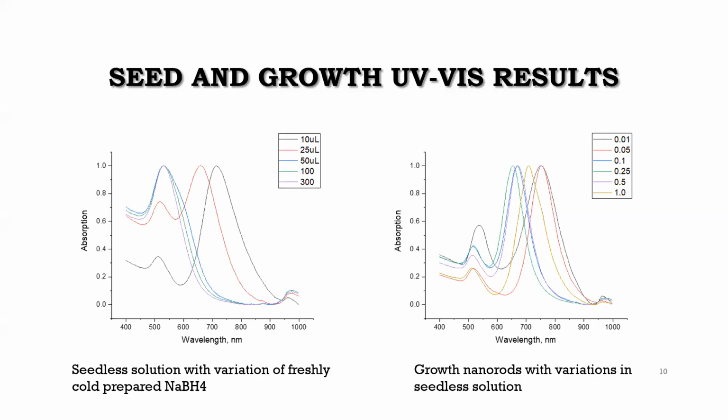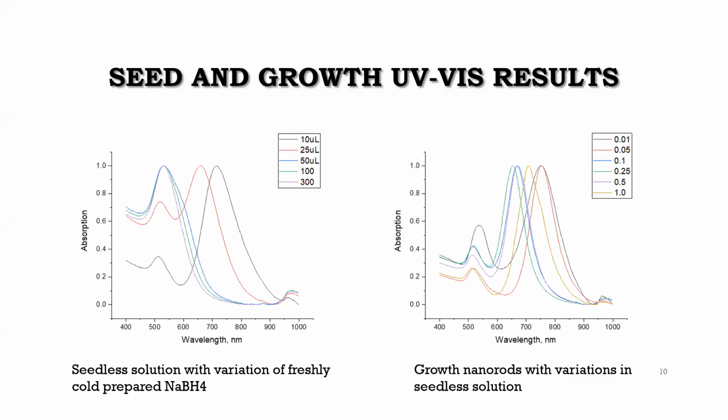After many trials and errors, these are the results that we got, and those are the most optimal results so far. As you can see on the picture on the left, 10 microliter of the sodium borohydride has the least full width half maximum at 143 nanometer as compared to other variations of sodium borohydride.